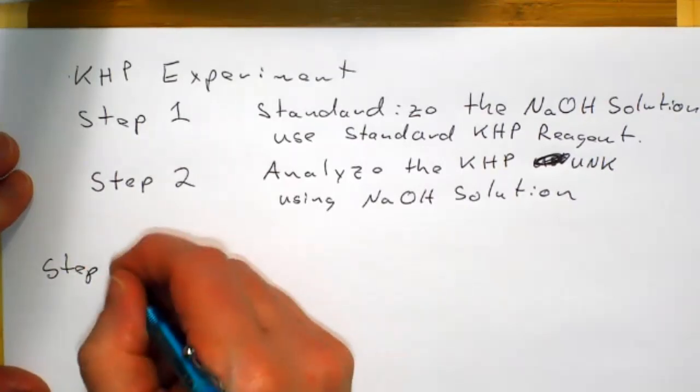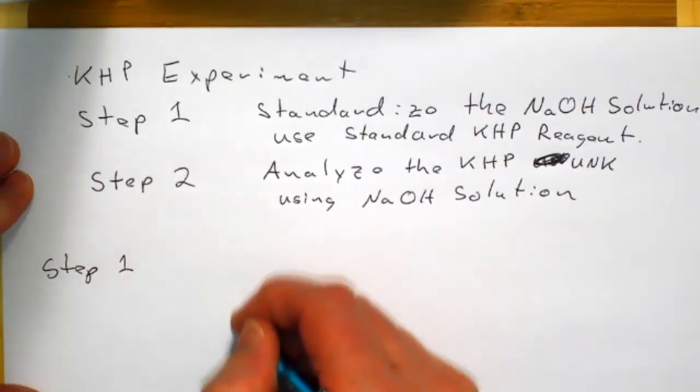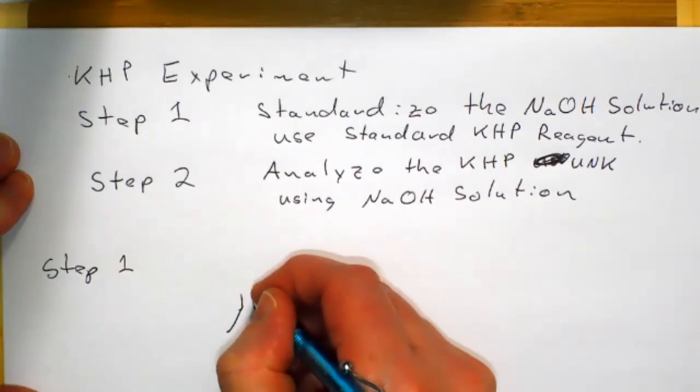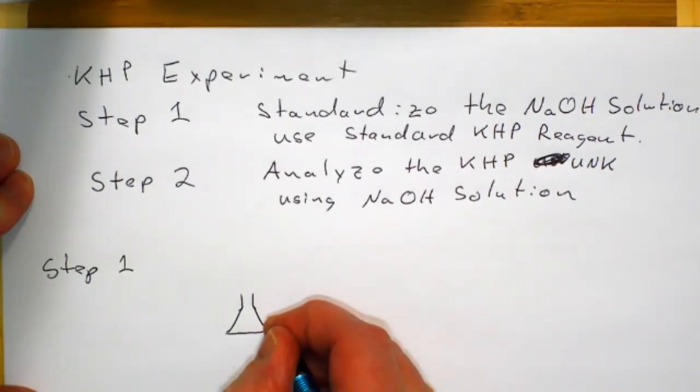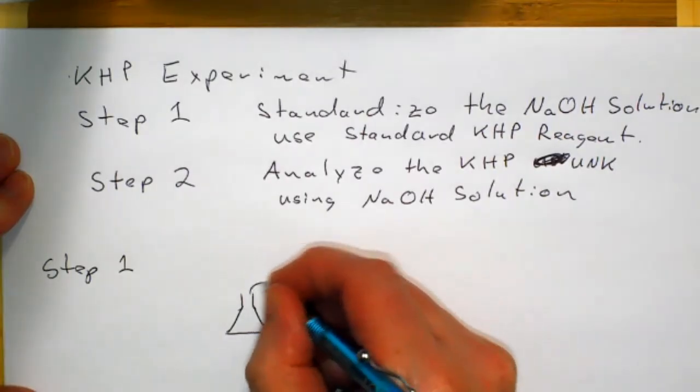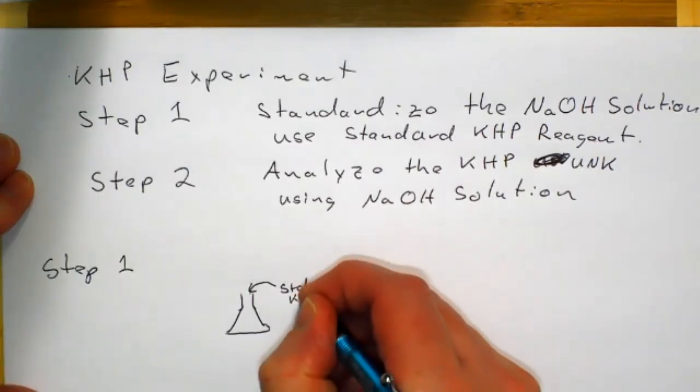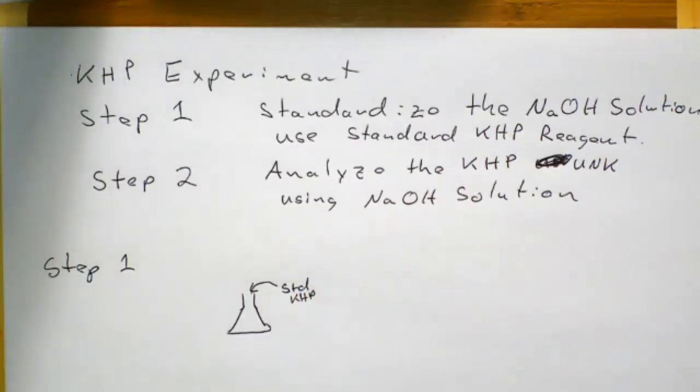So in both experiments, let's do step 1. I like cartoons. Step 1, I'll start with an Erlenmeyer flask, and in it, I'll add standard KHP. And then we'll weigh that KHP.